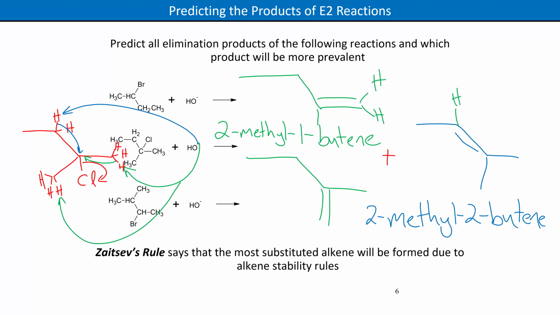So you have two identical substituents on one side of the alkene, so you can't tell the difference between a cis and a trans. You only need E and Z if you can tell the difference on both sides of the alkene. On this one, we had ethyl versus a methyl, but on that side they're both just hydrogens, so we can't tell the difference, so no E and Z.